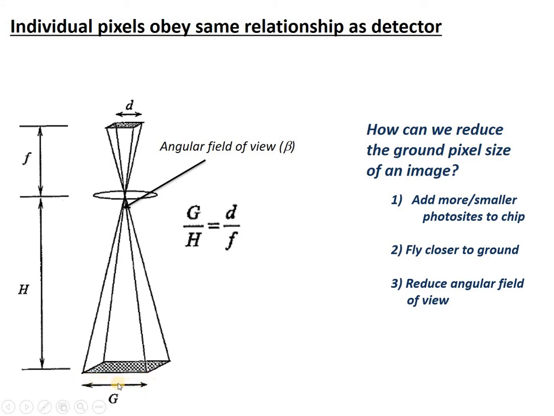So you'll have smaller pixels, yes, on the ground, but your total width that you're imaging will also be a lot less, which guess what? That's going to affect your temporal resolution. That means with a smaller instantaneous field of view, you can't cover the Earth as frequently, essentially.